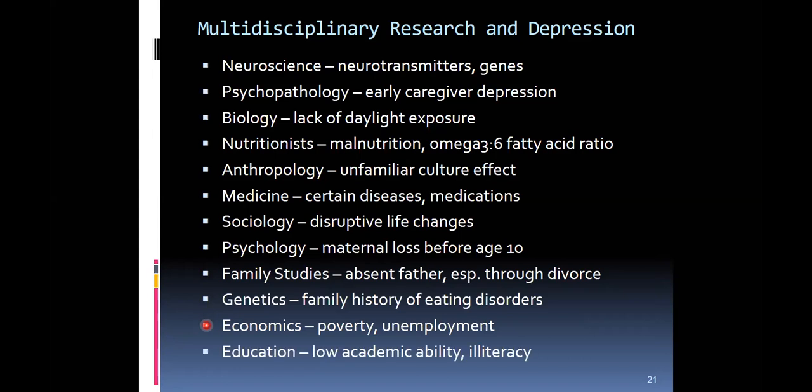Education has indicated to us that people who have lower academic ability are more likely to get depressed, and people who end up illiterate and unable to read effectively, again, more likely to get depressed. So all of these areas have increased our understanding of depression and things that can lead to it.